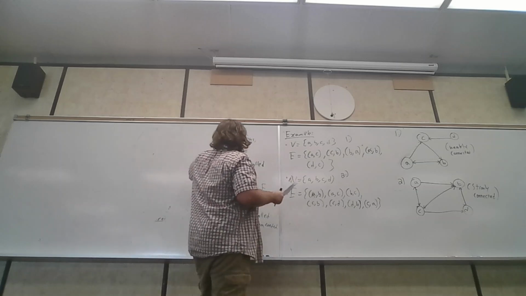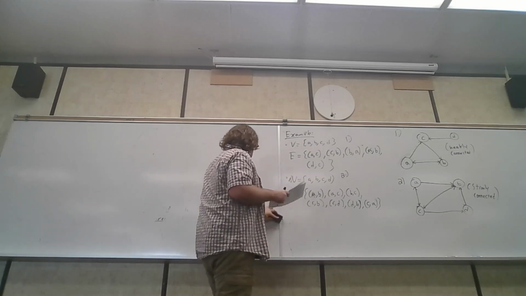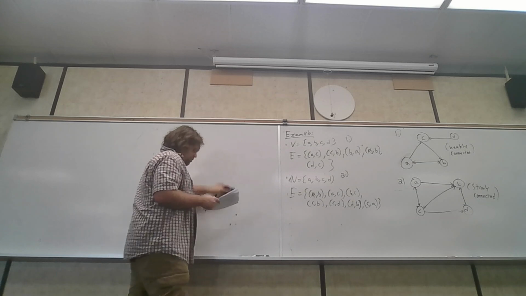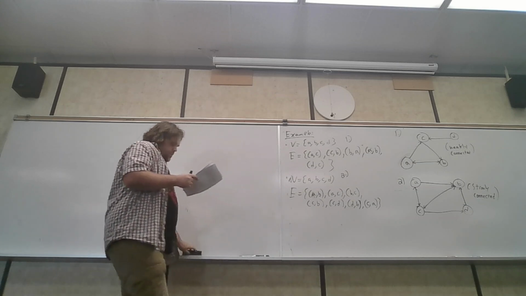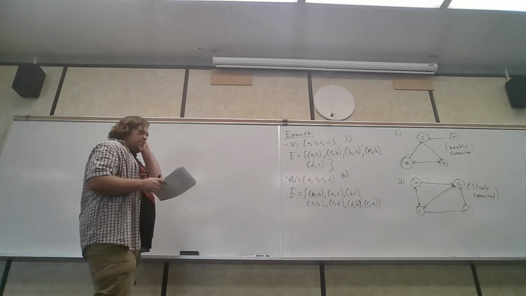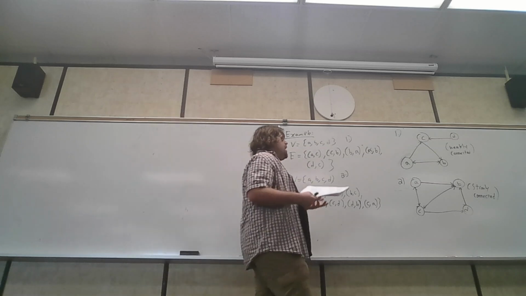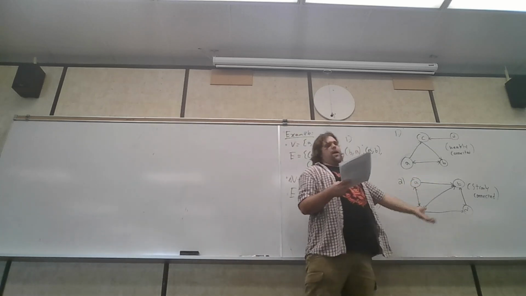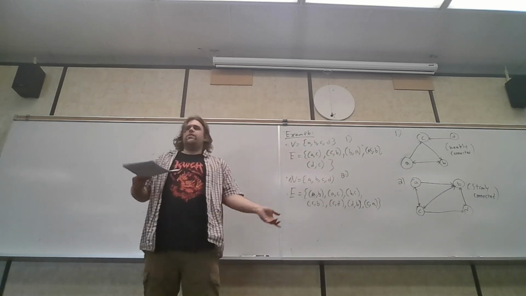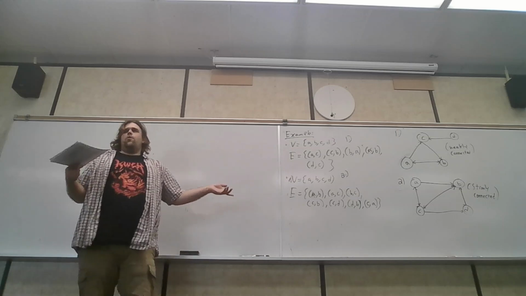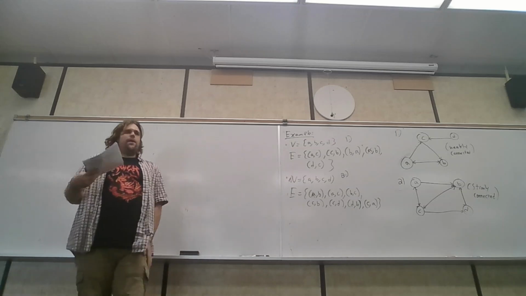But the point is, with directed graphs, you may not be able to reach certain places from other places. So you can actually think of a natural application of directed graphs. Think the road network of a city. Not every road is bidirectional, right? Some of them are one way.